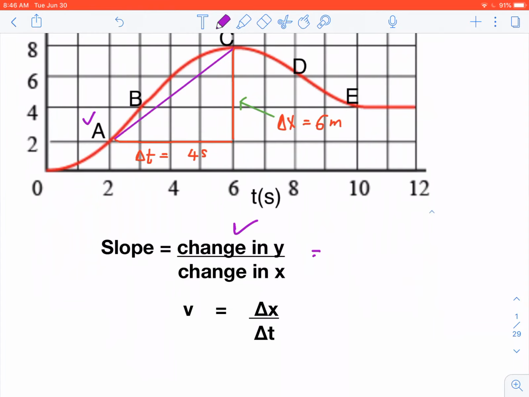So we say slope equals y2 minus y1 over x2 minus x1. That is the definition of a slope in mathematics. That means we take the vertical change, the change in y, over the horizontal change, the change in x.